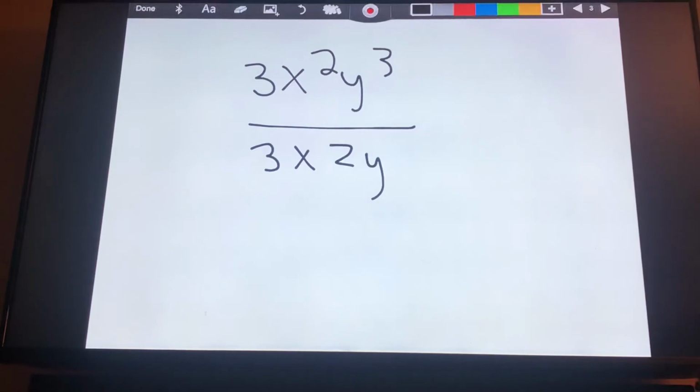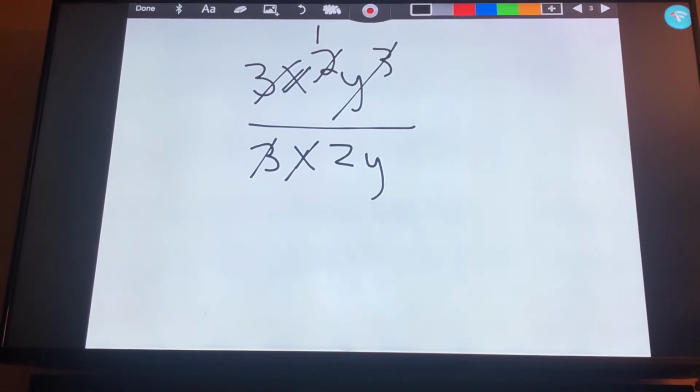So I can take the 3's and they're gone, right? Can I subtract any x? I can subtract this x, and this makes x to the first, right? And then I can take the y. Are there any y's? Yep.